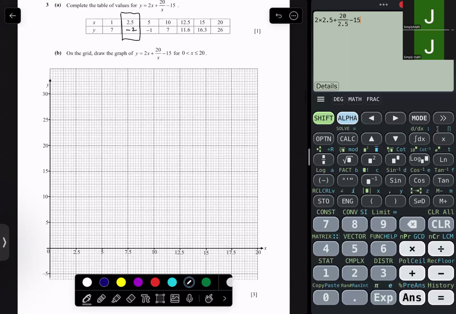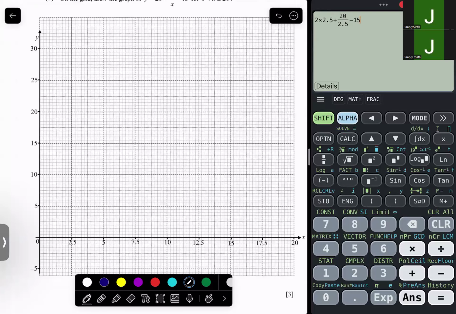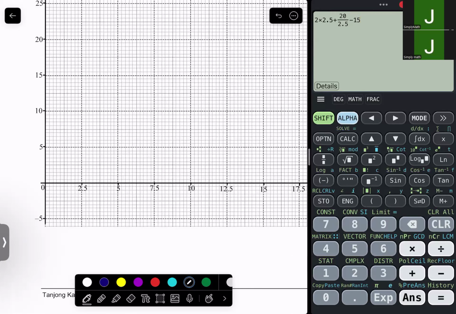Okay, so x equals 1, y equals 7. Where is 1? The scale over here is a little bit messed up, so I need to determine the setup first.